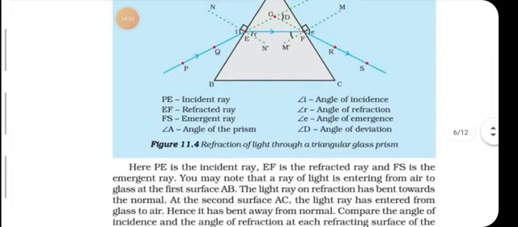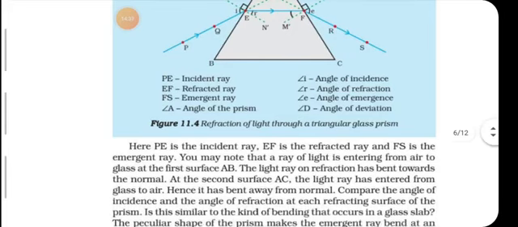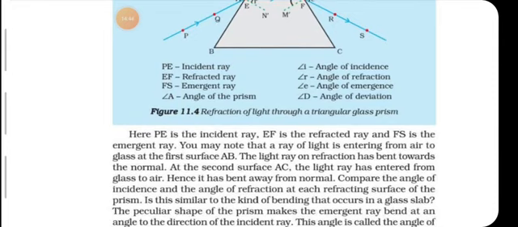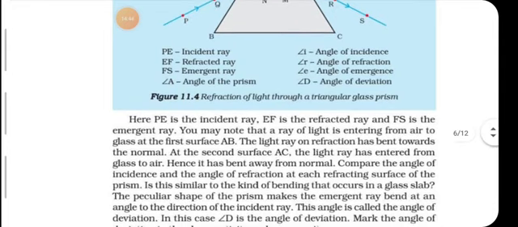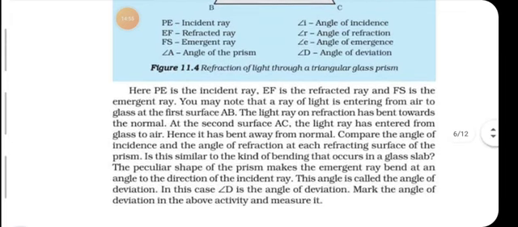At the second surface AC, the light ray has entered from glass to air. Hence, it has bent away from the normal. Comparing the angle of incidence and the angle of refraction at each refracting surface, is this similar to what occurs in the glass slab? The peculiar shape of the prism makes the emergent ray bend at an angle to the direction of the incident ray.